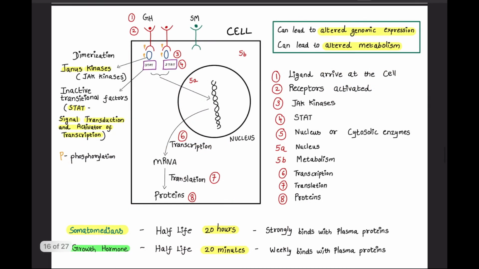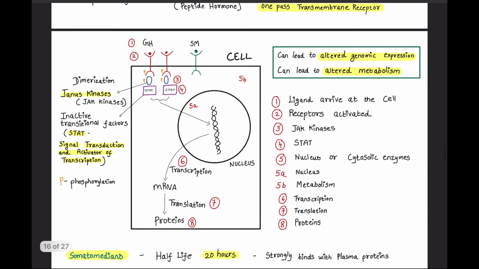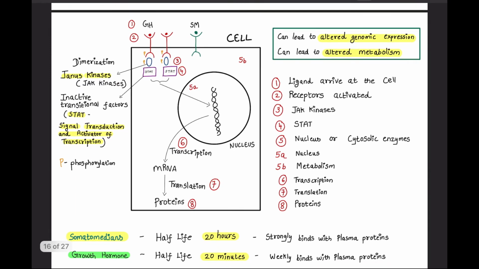inside the cell. So if there are any disturbances in the growth hormone level or somatomedin level, or if there are any disturbances in the receptors, the one pass transmembrane receptor, there will be changes in the genomic expression, that is, there will be disturbances in the transcription and translation and in the protein synthesis.